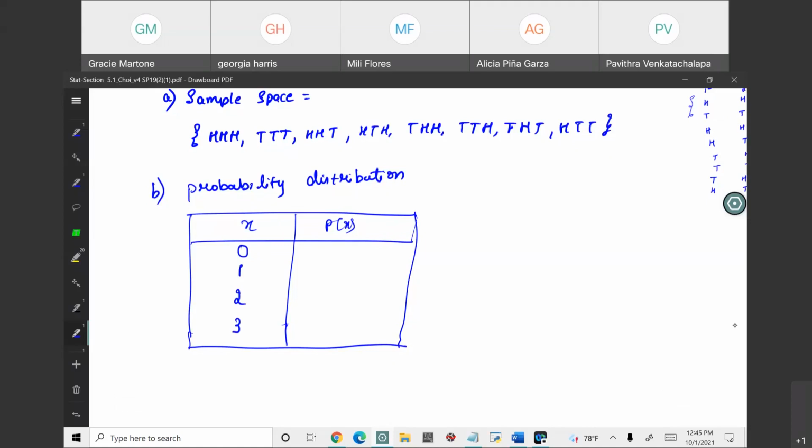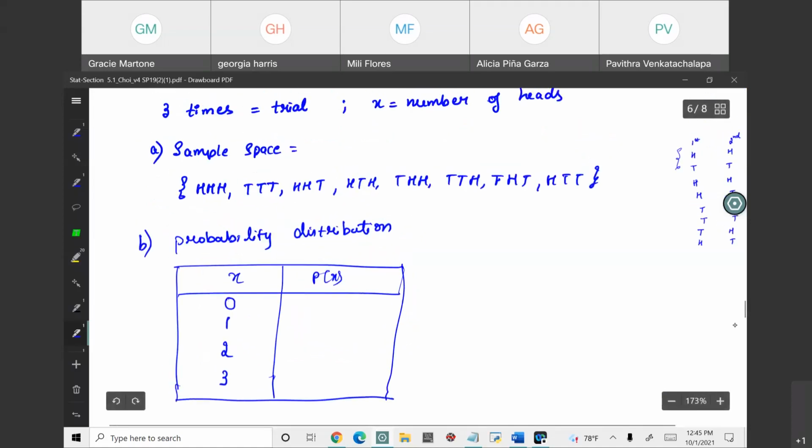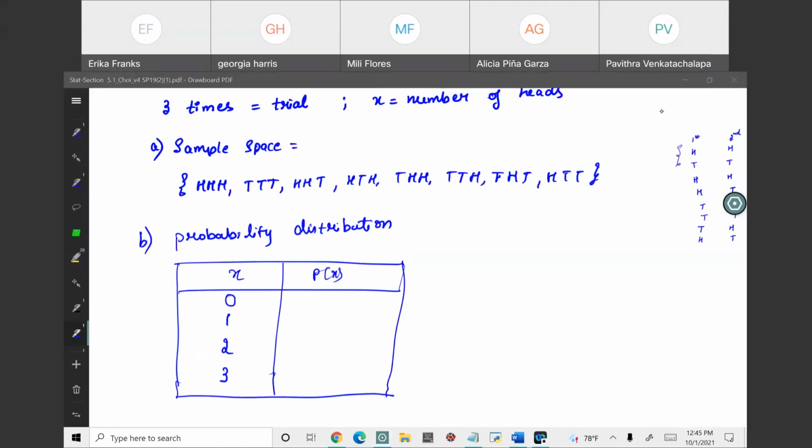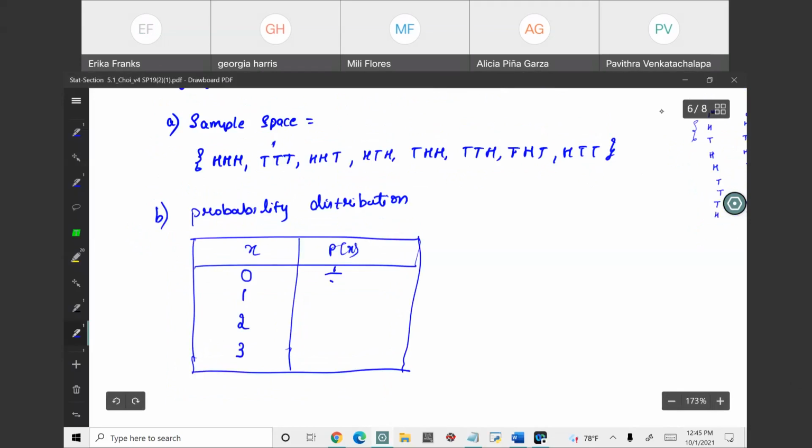Now, we are supposed to find the probability of 0, which means what are the chances that there is no head at all? That is 1 out of the total outcomes, which is 8. What are the chances there is at least 1 head? How many do we have? 1, 2, 3, so this is going to be 3 by 8.